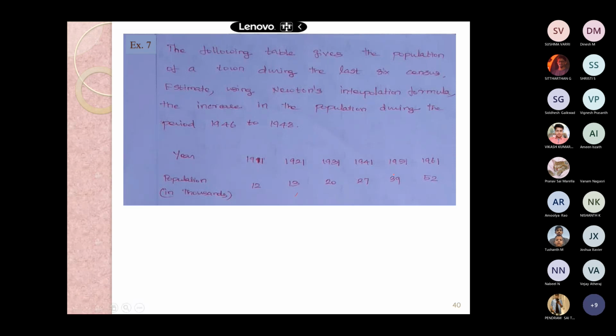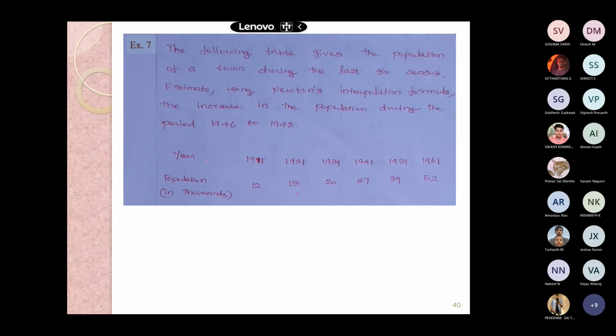Continuing with exercise number 7: the following table gives the population of a town during the last 6 censuses. Estimate, using Newton's interpolation formula, the increase in the population during the period 1946 to 1948.